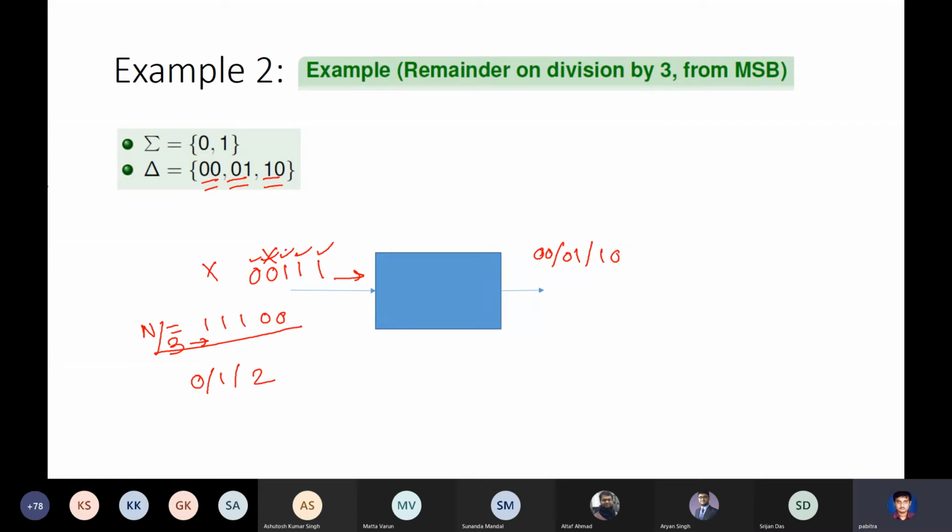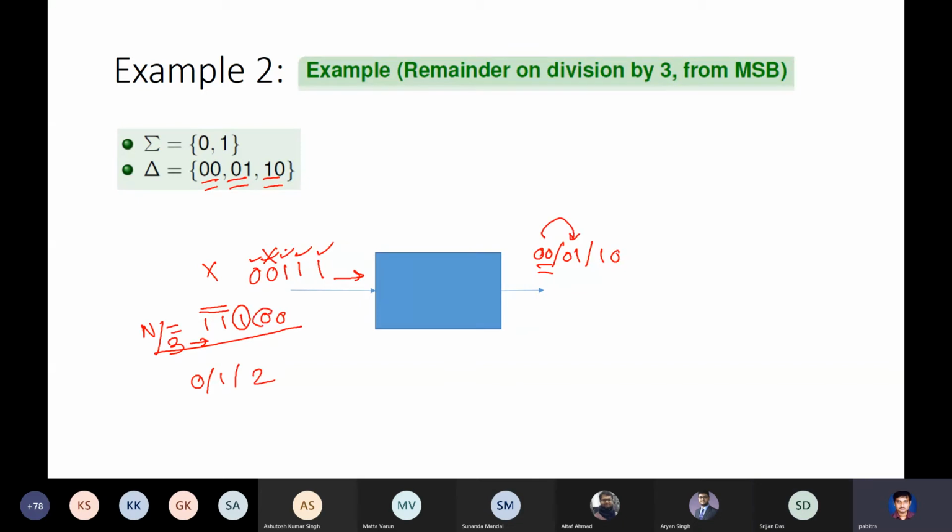So suppose you have read in these 2 bits. What is the remainder of 11? Which state are you in? 0,0. And if the next bit is 1, what is the remainder? 1. So there is a transition like this.